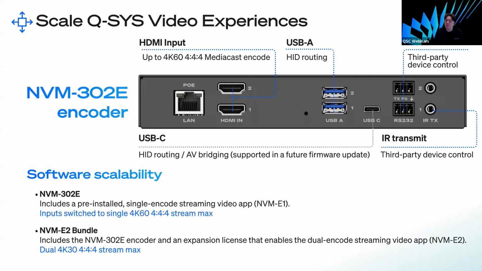There is one slight resolution change when you go to the two-stream bundle. It is 4K 30. It's still 444 color space and sample rate, but it is 4K 30. So in order to keep us at that 1 gigabit network port, we had to change the resolution just a little bit when you go to dual stream.